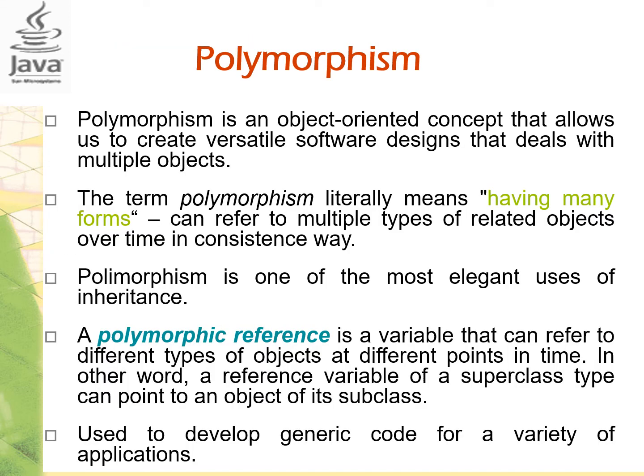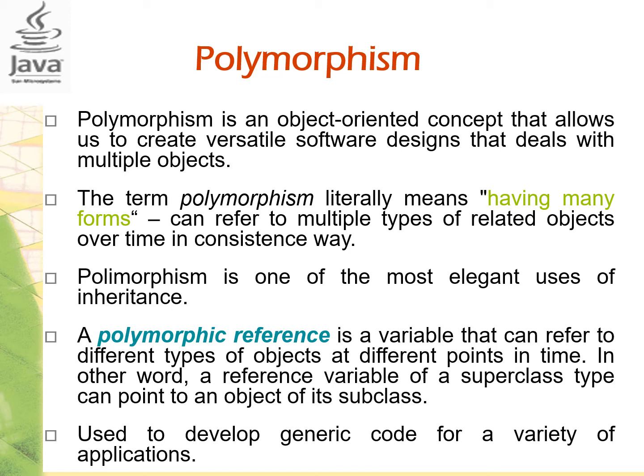Now we'll move on to the next item in the slide, which is on polymorphic reference. When you are using polymorphism, you will be having many forms. There is a term called polymorphic reference, where a variable can refer to different types of object at different points in time.